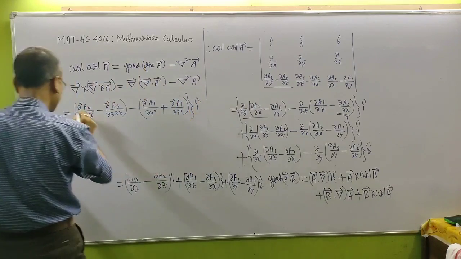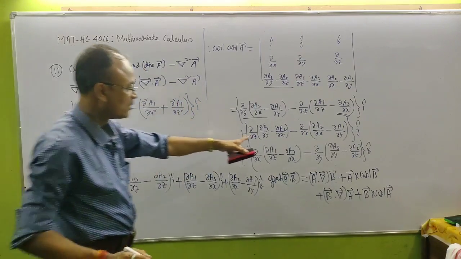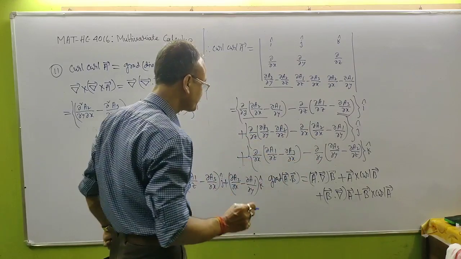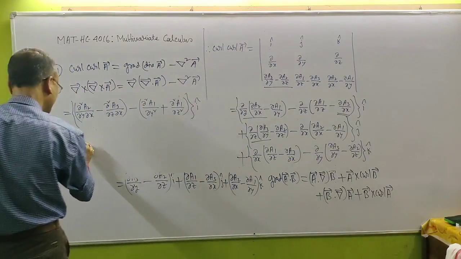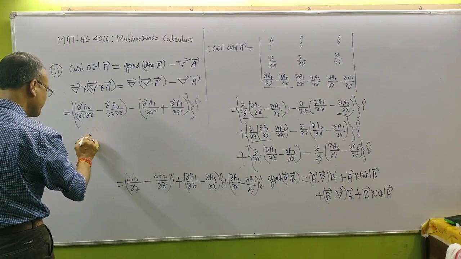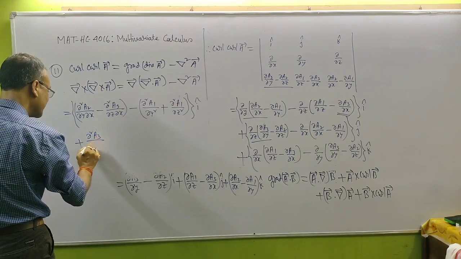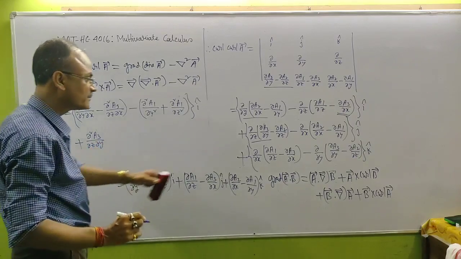You may write like this, i cap. It will be i cap. Now see this one. First write this one, del square A3 by del z del y.